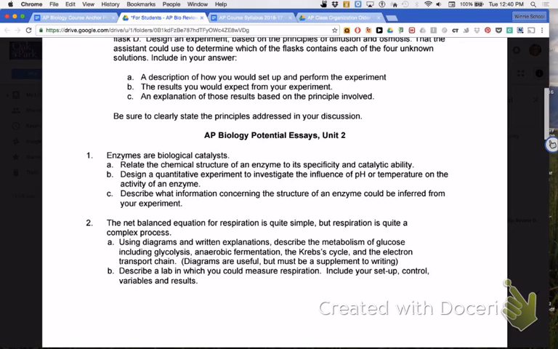So if you took these unknown solutions, put them in dialysis tubing and then put that in water, weighed them before and after, you would expect whichever one gained the most mass had the highest molarity. Whichever one gained the least would be the lowest, so based on lining them up, most mass to least, you could say highest molarity to lowest. Sugar goes in the dialysis tubing.